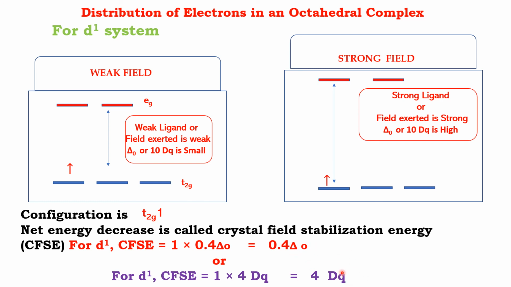So when a d1 system is in a weak field or a strong field, its configuration becomes t2g1 and the system is stabilized by a crystal field stabilization energy of 4 Dq. So if we have to calculate the crystal field stabilization energy of a d1 system, whether it is in a weak field or a strong field, we write that the electron enters the t2g level.